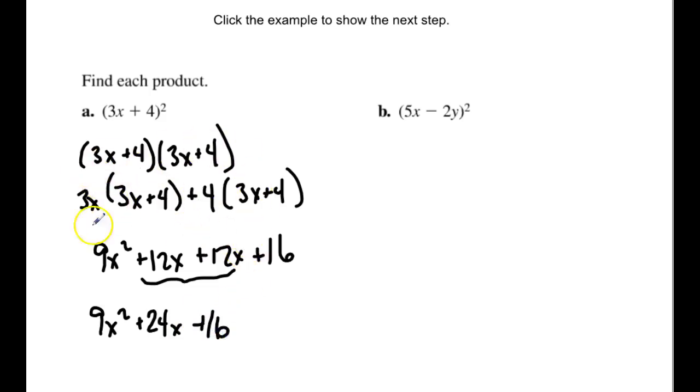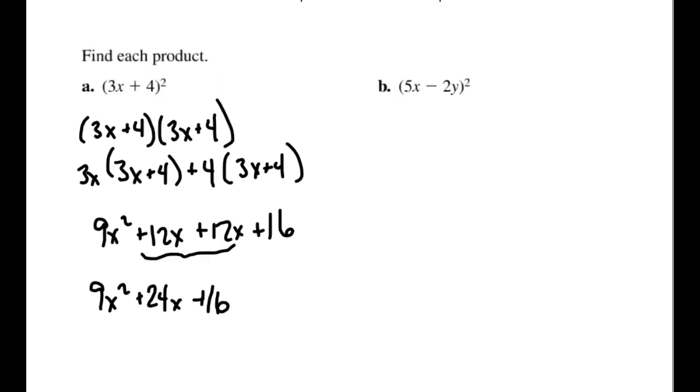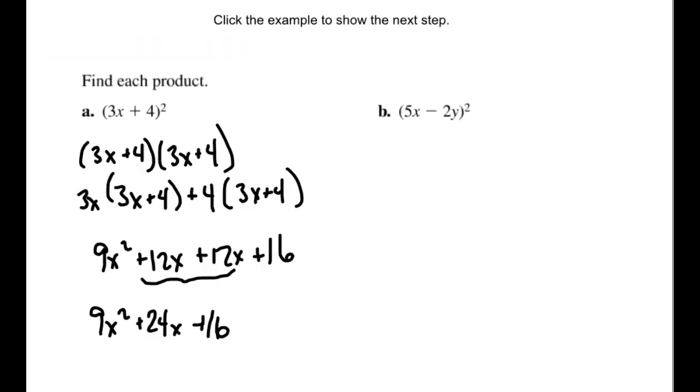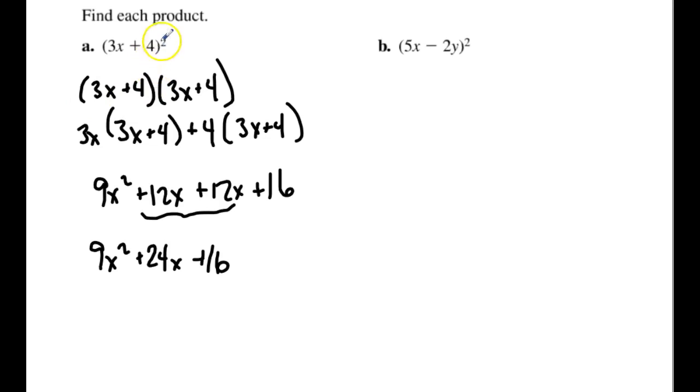So now instead of writing all of this out, I could have used my property that I just learned back here, my square of a binomial, right? And I know that when I'm squaring something, I take my first term, which is my 3x. So I'm going to take that, and I have that squared. And I add to it 2 times, and I multiply my terms together.